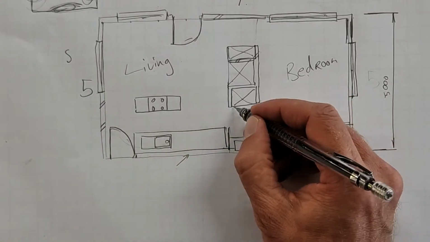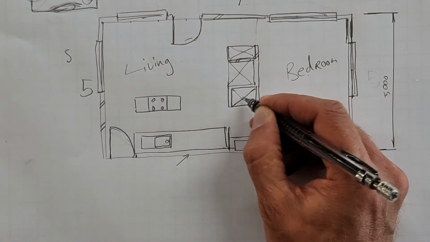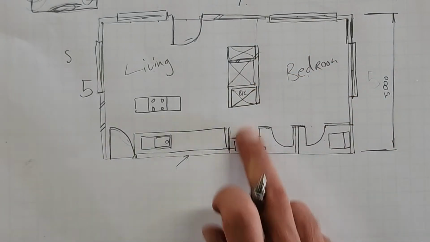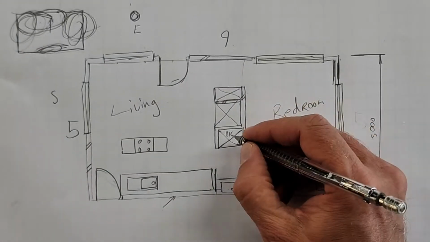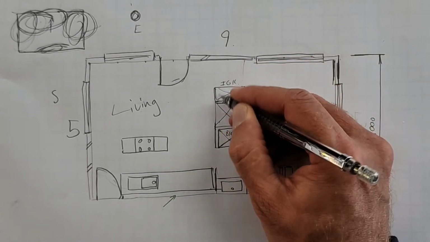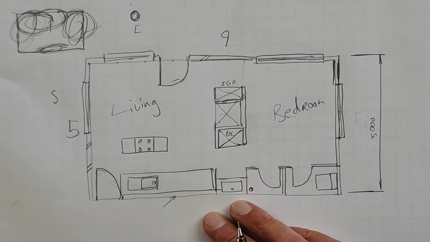But a built-in cupboard, like a cabinet, has a cross through it like this, and you can have BIC as the abbreviation. In Afrikaans, that's ingebouwde kas, IGK, if you want to give an abbreviation for a built-in cupboard. Okay. There were other hands also.